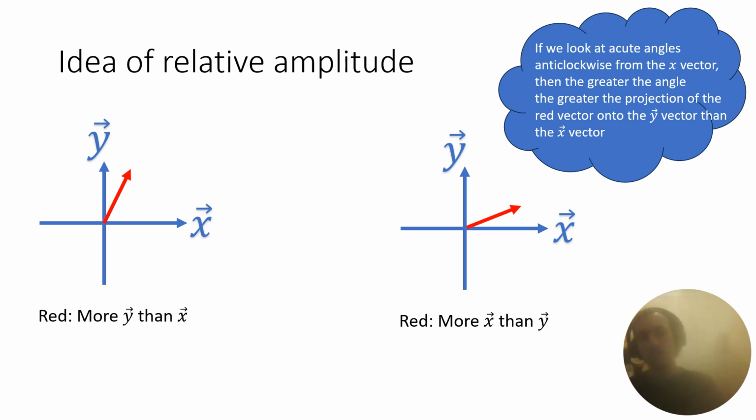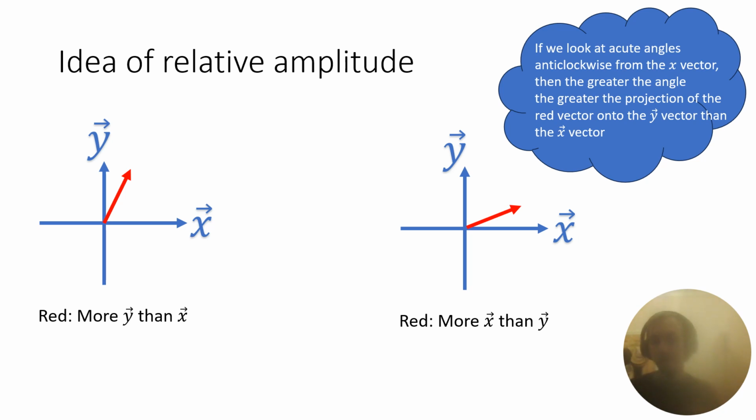Whereas if we look at the diagram on the right, we can see that the red arrow is orientated closer to our classical state X, and that would mean that if we were going to measure a particle in a quantum state described by our red arrow, we would be more likely to find it in classical state X than Y. And so we can see that by changing the orientation of our red arrow relative to classical states Y and X, we actually change the quantum state and change what our quantum state is telling us.